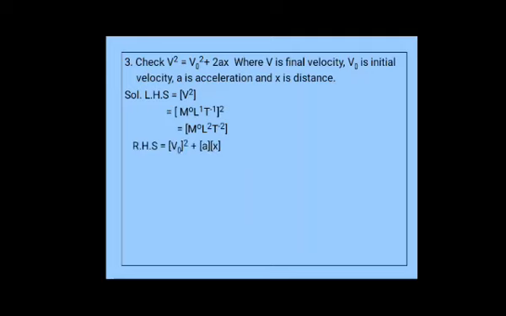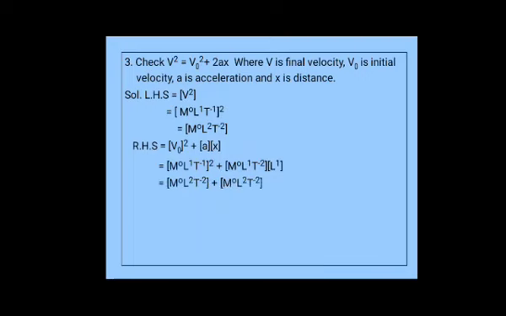Now take the RHS. In the RHS it is v naught square plus 2ax. Don't write 2, only write ax. Now write the dimensions. M raised to 0, L raised to 1, T raised to minus 1 is for V naught. Its square you have to take. Plus, write acceleration, M raised to 0, L raised to 1, T raised to minus 2. Then x. X is L raised to 1.